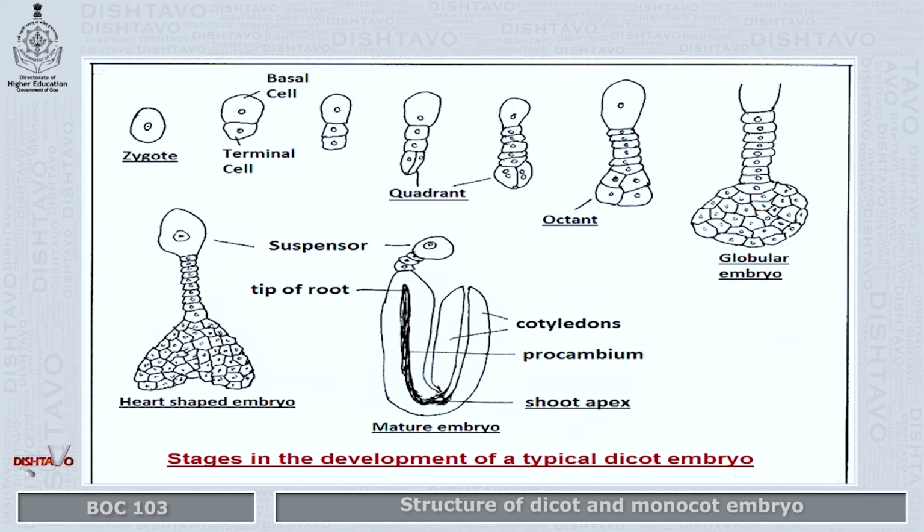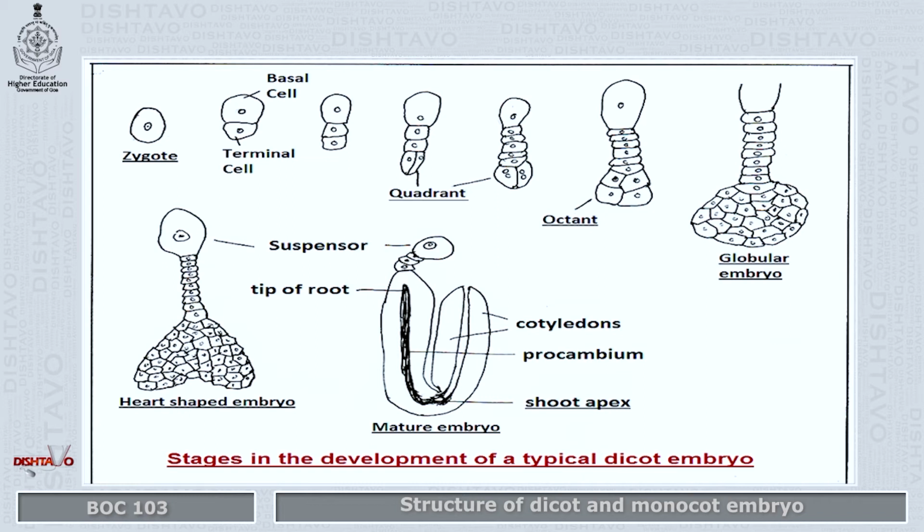Now the outer derivatives of this globular embryo ultimately form the dermatogen, while the inner ones undergo further divisions and give rise to the periblem just beneath the dermatogen, and the plerome, which is in the central region.